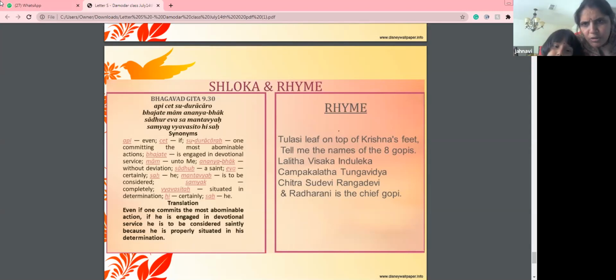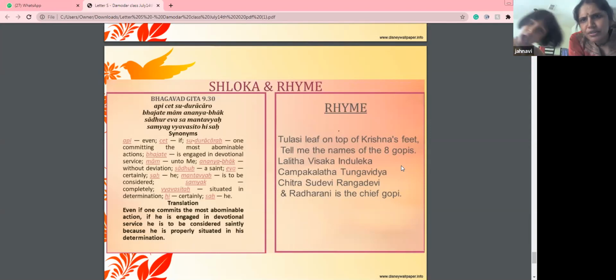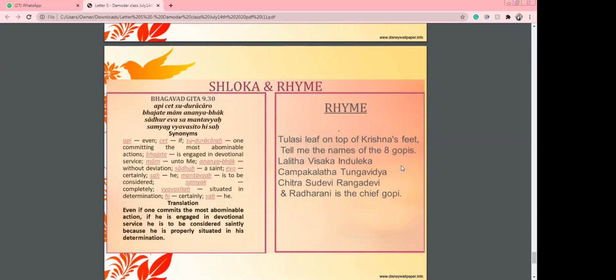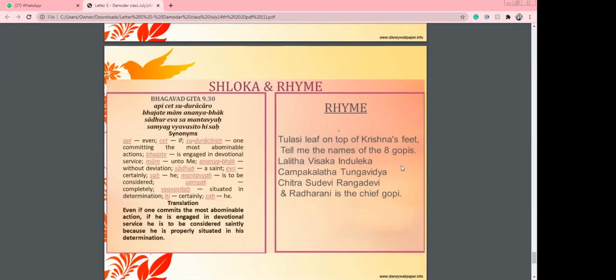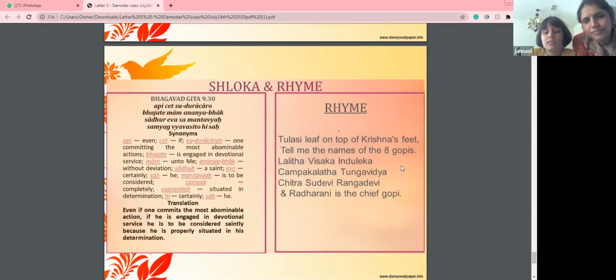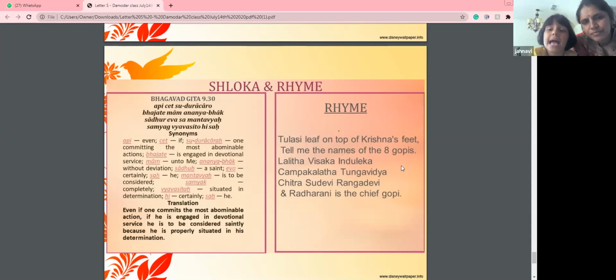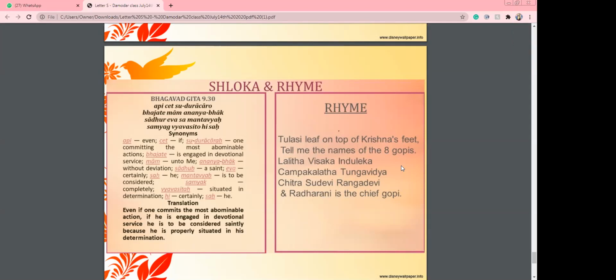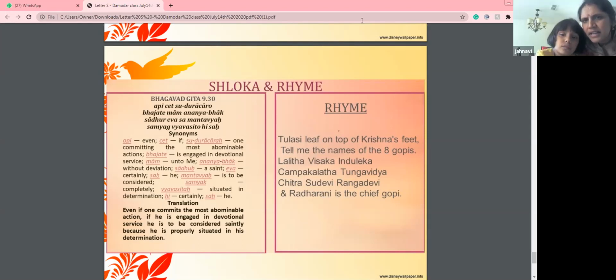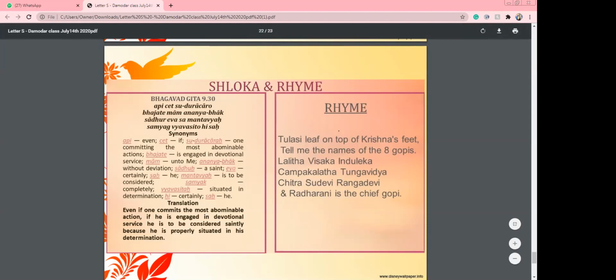Bhajate mam. Ananya bhak. Sadhur eva sa.